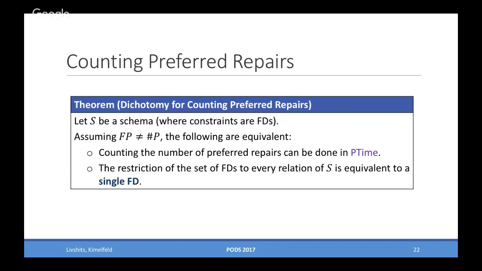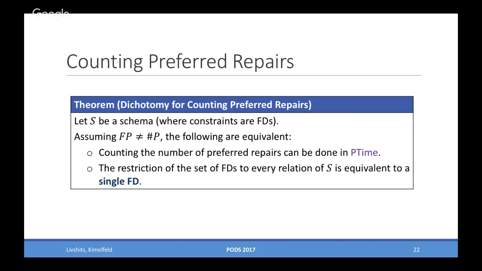So in this case, again, suppose that we have a schema with functional dependencies, then counting the number of optimal repairs can be done in polynomial time if and only if the restriction of the set of functional dependencies to any relation of the schema is equivalent to a single functional dependency. Okay, and actually the algorithm that we have for counting the number of optimal repairs in the case of a single functional dependency is very, very simple.